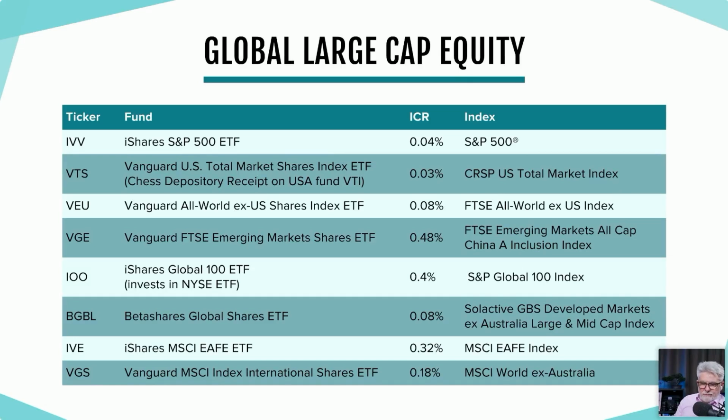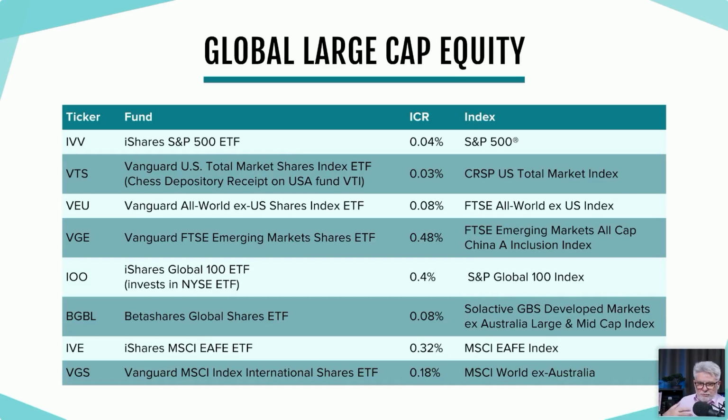The other alternative for the global space is VGS, which is the MSCI World ex-Australia, which is a developed market index. And often people might pair that with VGE to get the emerging markets. But bear in mind that VGE tracks the FTSE, whereas VGS tracks the MSCI. So be aware of the different economy inclusions there.